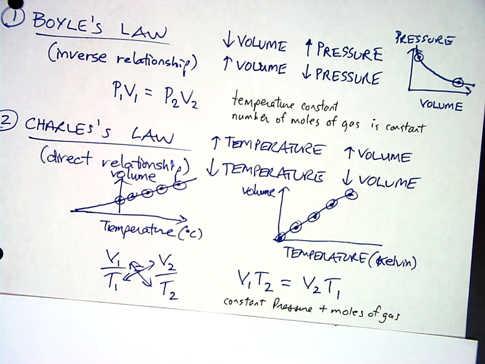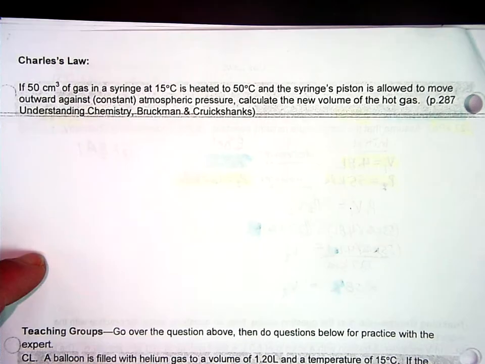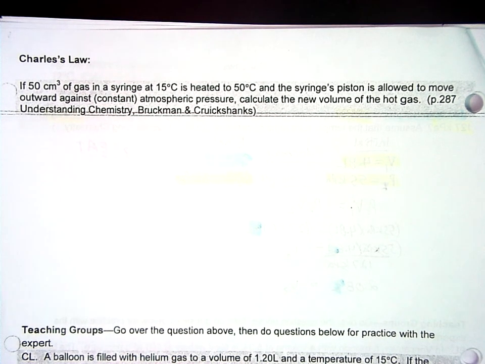for Charles's law. Okay, so for Charles's law, do the same thing. We're going to highlight all the important stuff.